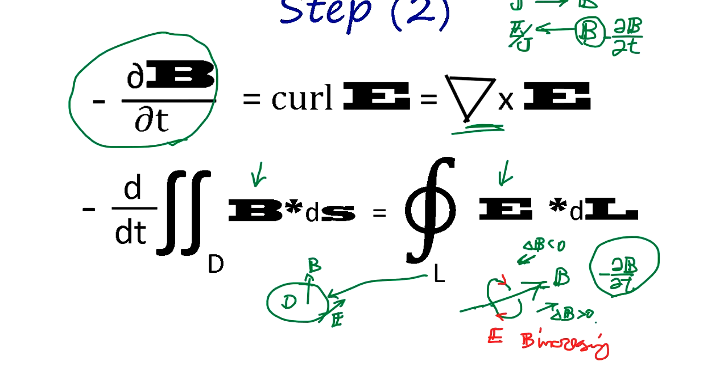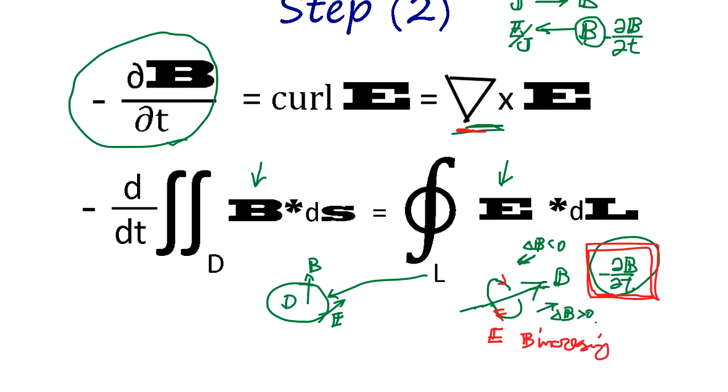A little bit more complicated, but it's the same thing. The curl always gives the right hand rule, so it depends on which way this vector is pointing. If B is decreasing, then the E is generated the other way around.